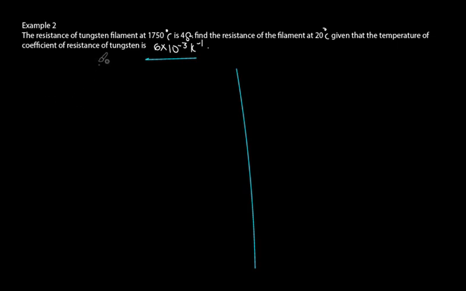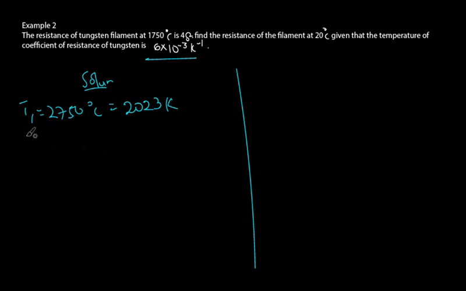So let's look at our solution in this example. The resistance of a tungsten filament at this temperature, T1, is 2750 degrees Celsius. To convert to Kelvin, we just add 273, so 273 plus 2750 gives us 2023 Kelvin.